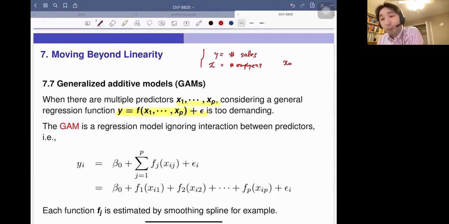This can be a very complicated function, such as x1 plus the square root of x2, x3 plus x4 cube plus maybe the sine of x5 plus square root of x1 plus x3, x4, or something like that. But it's too demanding to identify this kind of function. So the generalized additive models assume that we don't have any interaction between predictors.